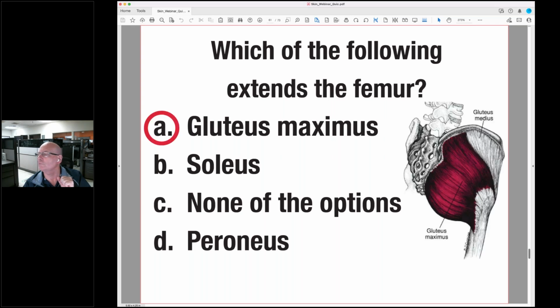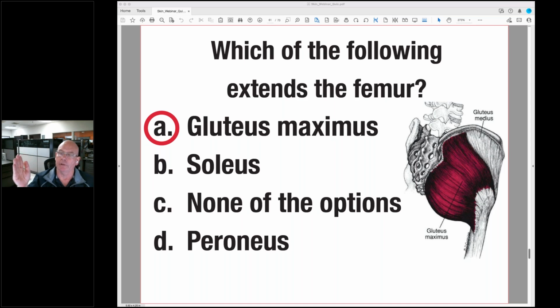Extends forward, extends backwards. So rather than thinking about forward or backward, think about opening or closing the joint.